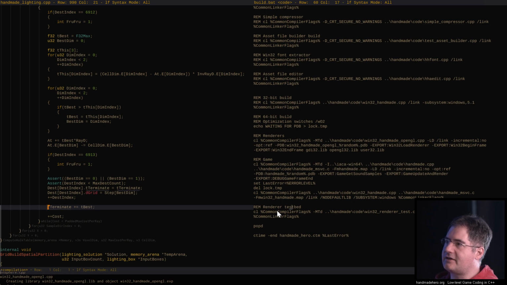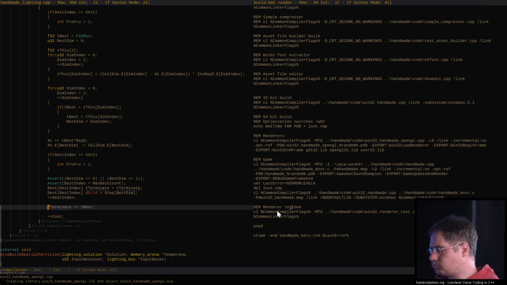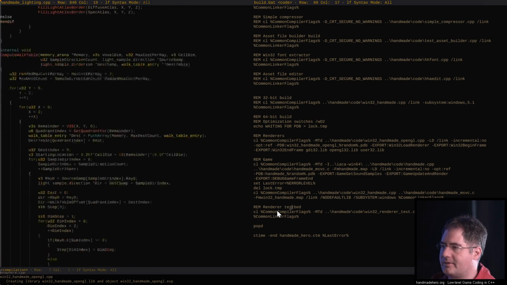And I guess the only reason that we care about t-terminate at all, t-terminate was there for only one reason. t-terminate was only there so that when you run out of time to sample something, like you've gone some distance and you haven't hit anything, where do you actually sample the lighting from at that point?